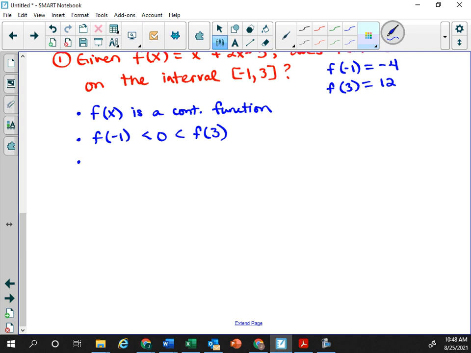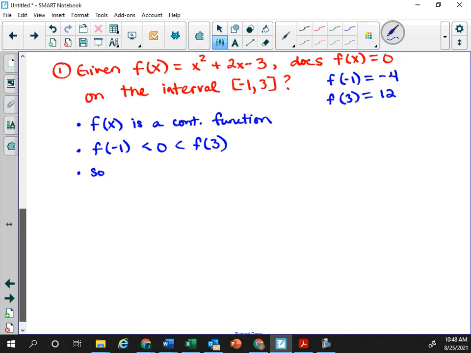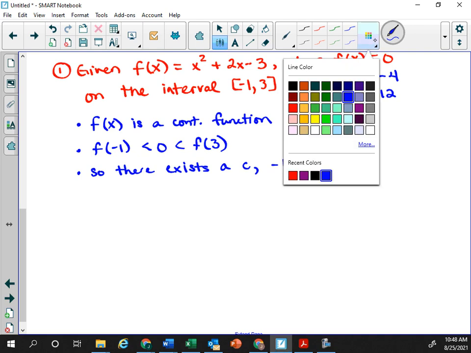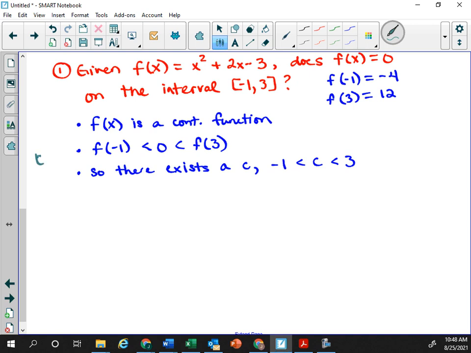All right, your third point. So there exists a C, -1 is less than C is less than 3. So we've gone from talking about the Y values to talking about the X values. So this bullet point was Y values, and this one's X values.